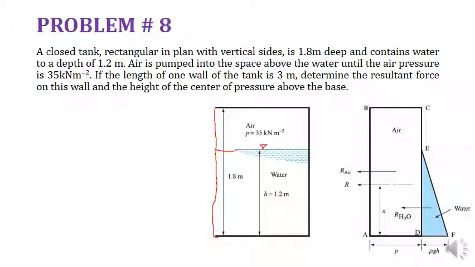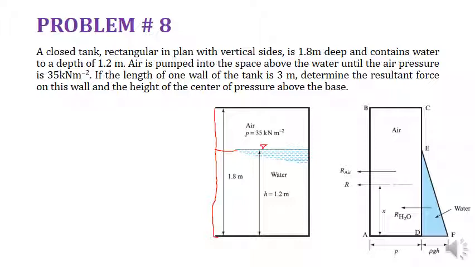If that space is not filled with air or any other fluid like gas at a pressure different from atmospheric, then we consider that our water is enclosed within the closed tank under atmospheric pressure. If atmospheric pressure is not there, then whatever the pressure is, you need to mention.